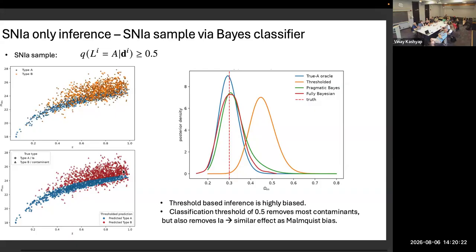So we basically have different redshift distributions for the contaminants and 1As. So the rate changes over redshift, in which case we have a stronger cut into the low magnitude or high magnitude 1As. We tried to make it contrived, but with as few moving pieces as possible. The only moving piece here is the rate.